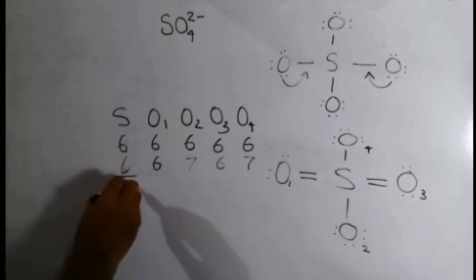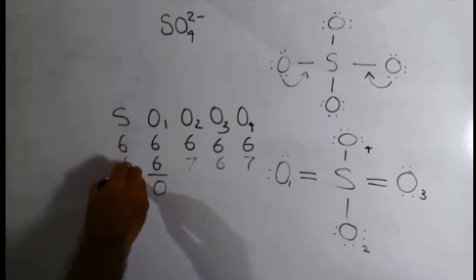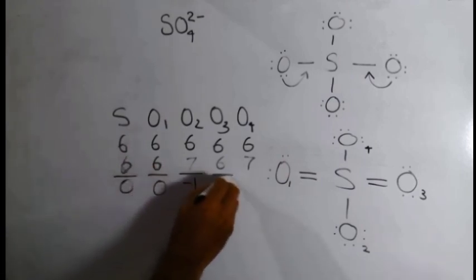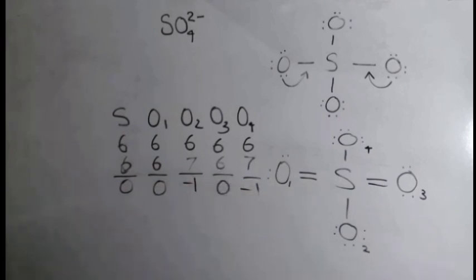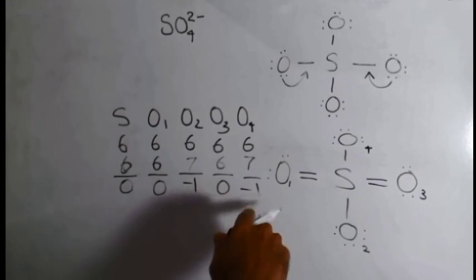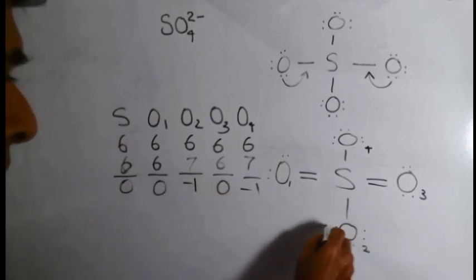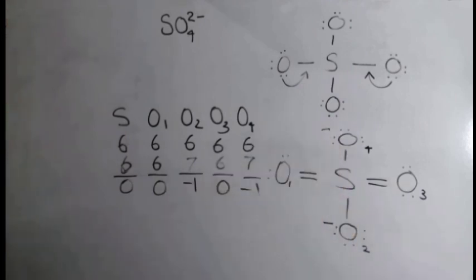Then we can simplify: 0, minus 1, 0, minus 1. So that now we can understand, the minus charges go to oxygen number 2 and 4. So now our structure is complete.